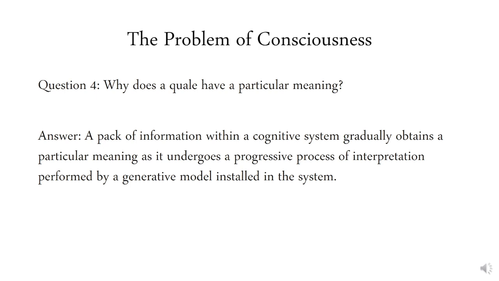According to the Qubit theory, it is interpretation or inference that turns meaningless information to meaningful information, or turns meaningless bits of information into meaningful bits. Therefore, a system that cannot make inference cannot generate consciousness.